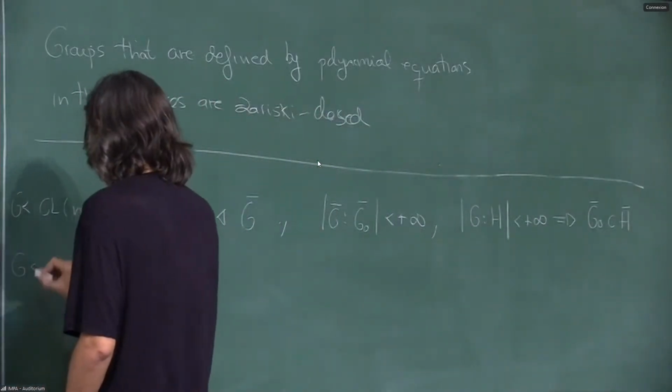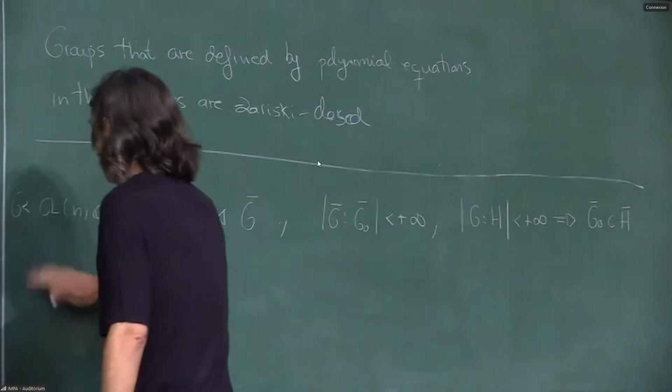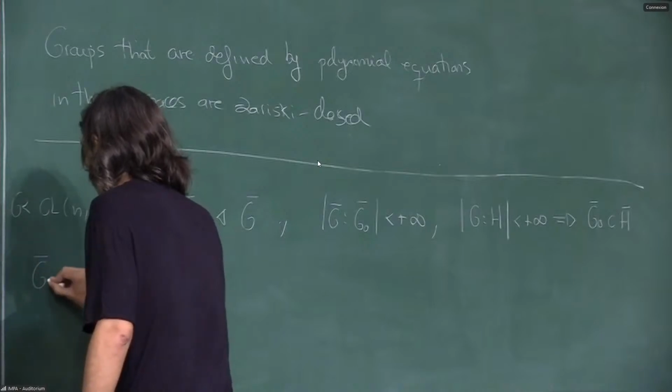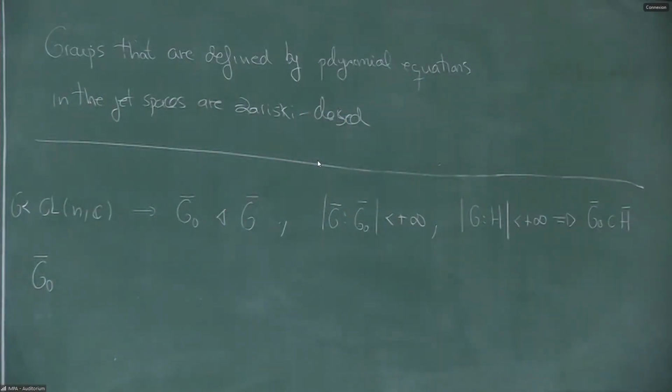Yes, how do you define this connected component of the identity in the case of local diffeomorphisms?